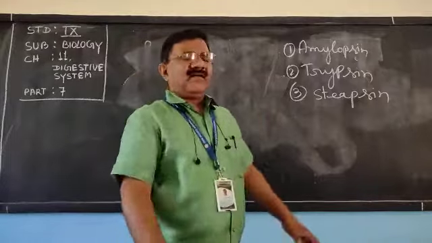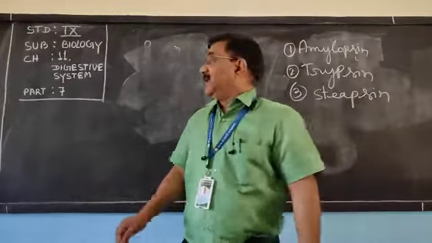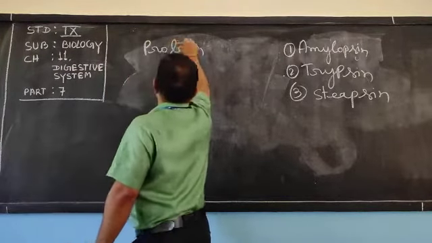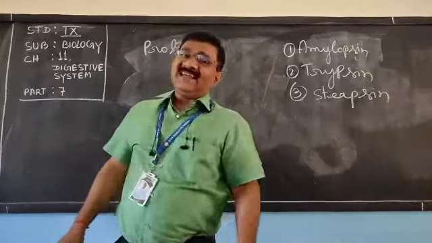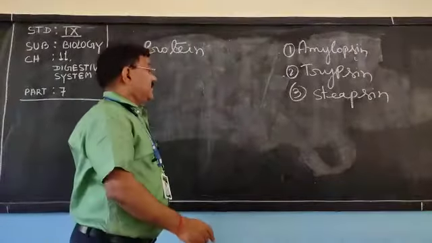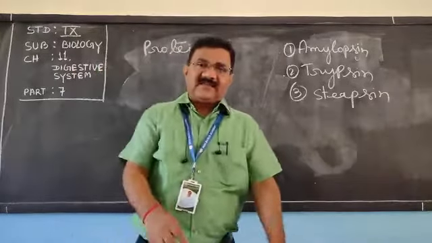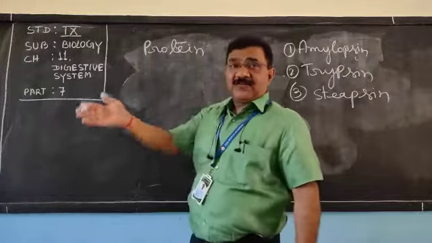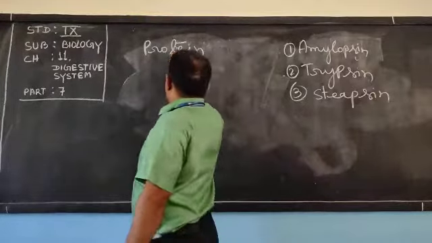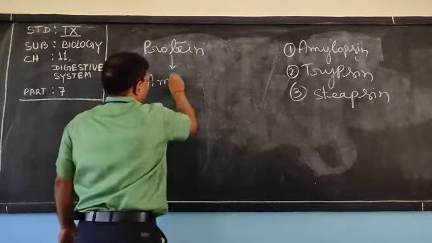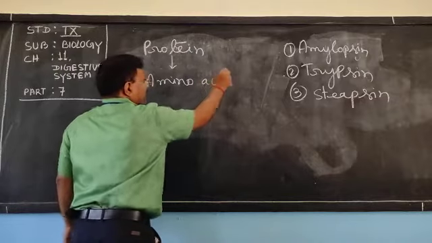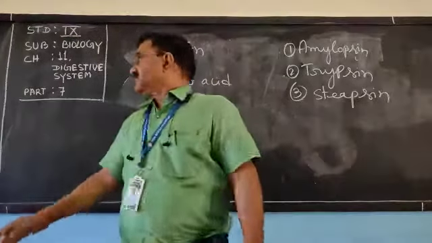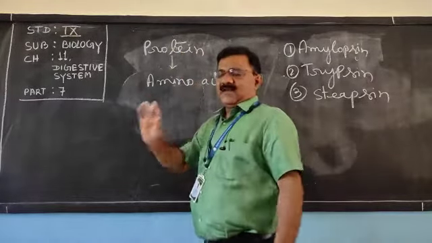We eat different types of food which contain protein, and protein is made up of amino acids. 20 types of amino acids combine to form protein. Now protein must be broken into a simpler form, and the simpler form is amino acids. Try to understand. Peptides, amino acids, the protein must be broken.